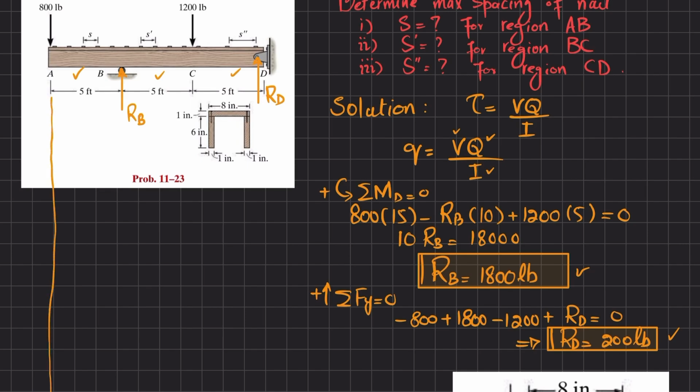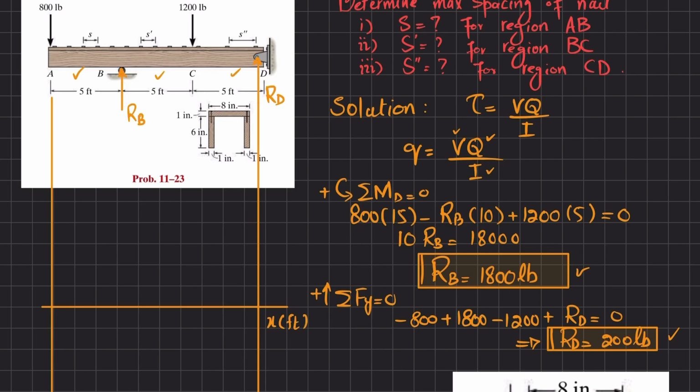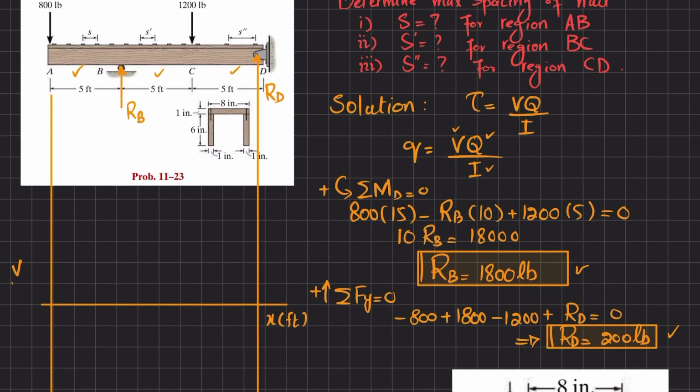For that, you have to take vertical lines from the ends of this beam, and a horizontal line which will represent the length of this beam, X, in feet. Here we will have shear force in pounds.